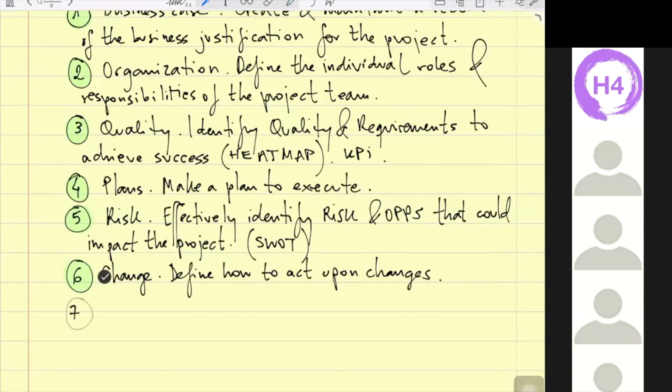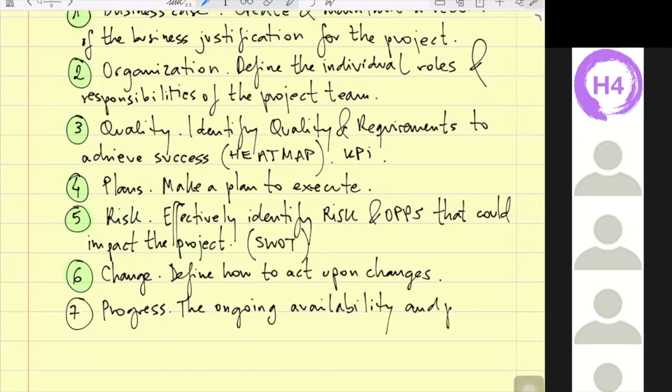Number 7, progress. The ongoing availability and performance measures should be available.